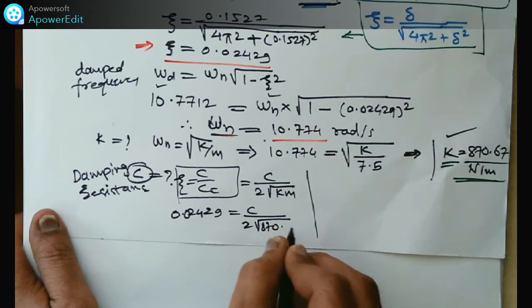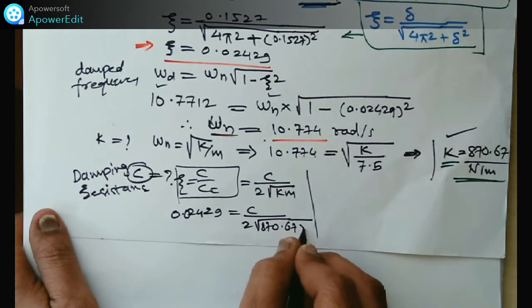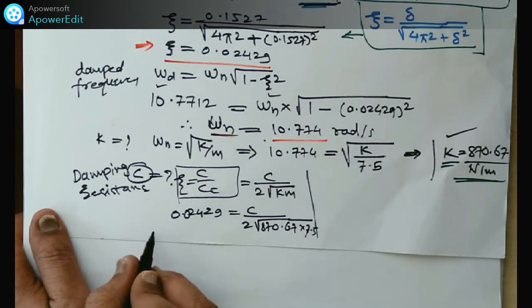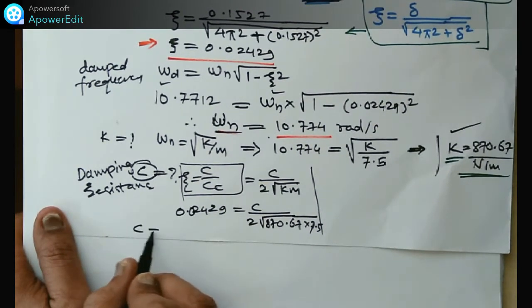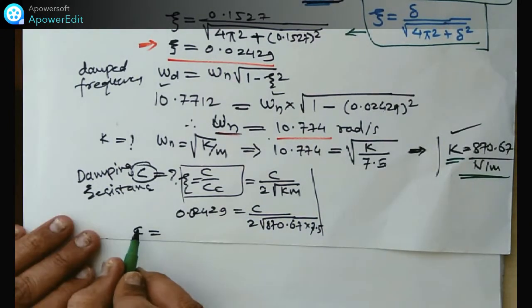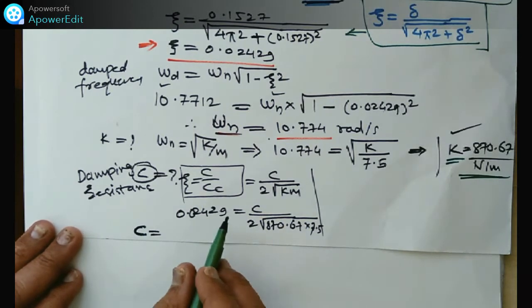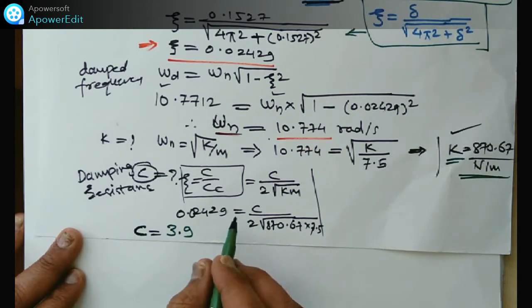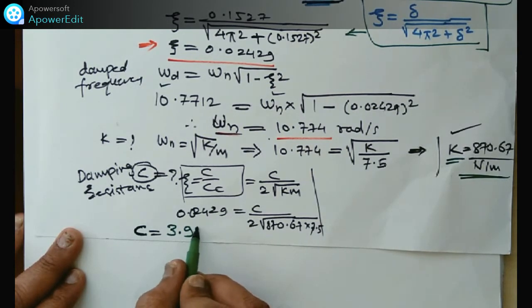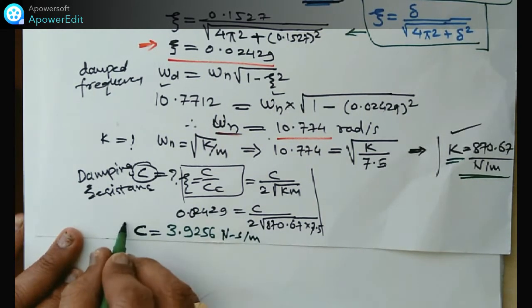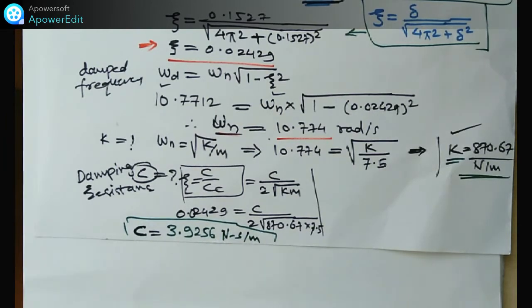Okay, so we will get the value of C. The value of C becomes 3.9256. What will be its unit? Newton second per meter. Okay, damping resistance is in Newton second per meter.